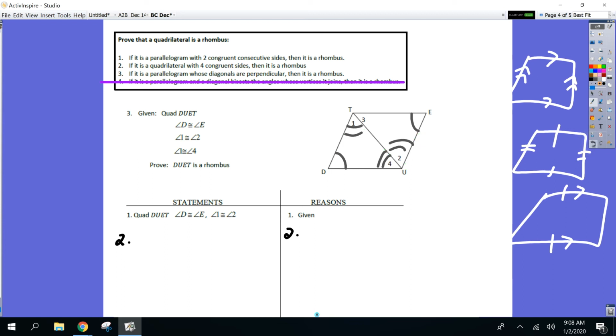Okay, everyone agree. TD and EU, parallel. Good start. TD parallel to EU. Alternate interior angles congruent imply parallel lines. Good start, good start.